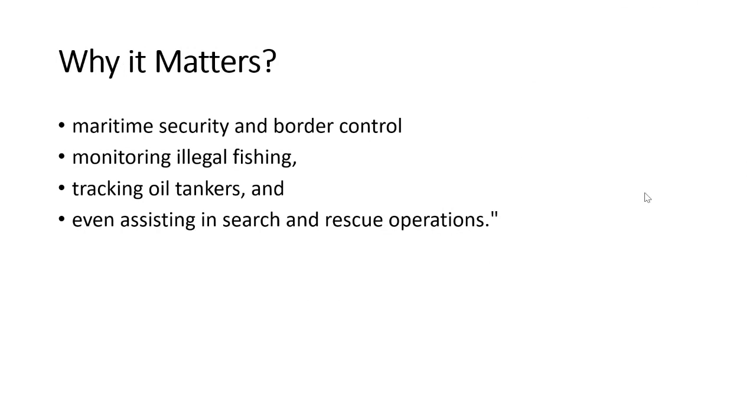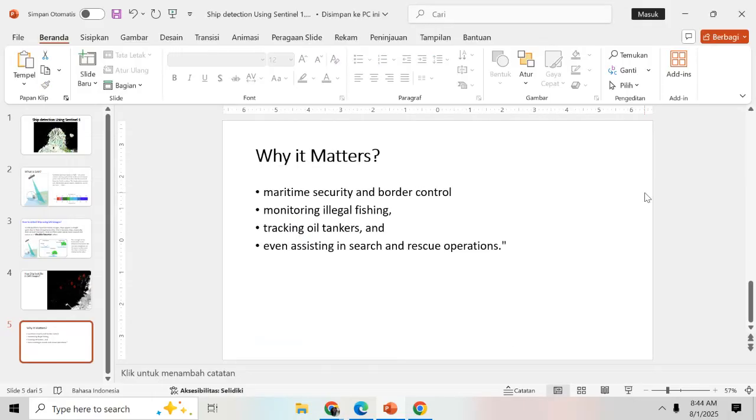You can use it for applications like tracking oil tankers and even assisting in search and rescue operations. So now that we understand how ships appear in SAR images, let's move on to the practical part through Google Earth Engine.